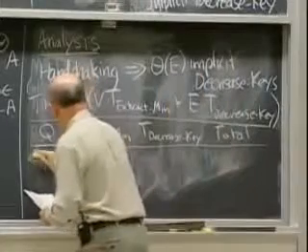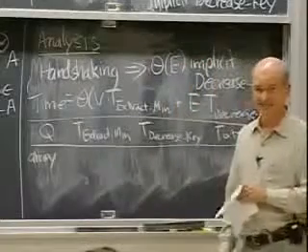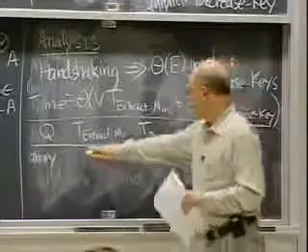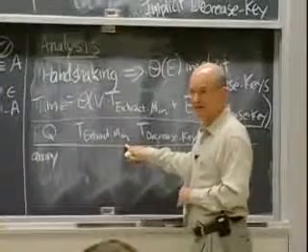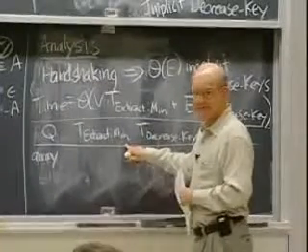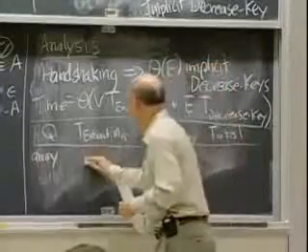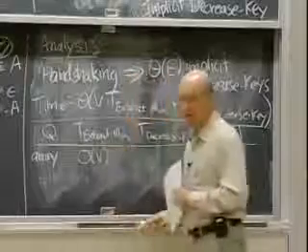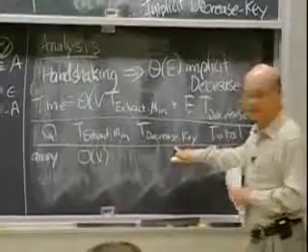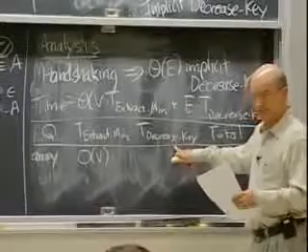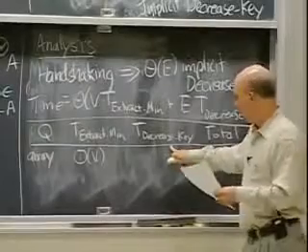So the simplest way of implementing the data structure is an unsorted array. If I have an unsorted array, how much time does it take me to extract the minimum element? Order V in this case, because it's an array of size V. And to do a decrease key, I can do it in order 1.